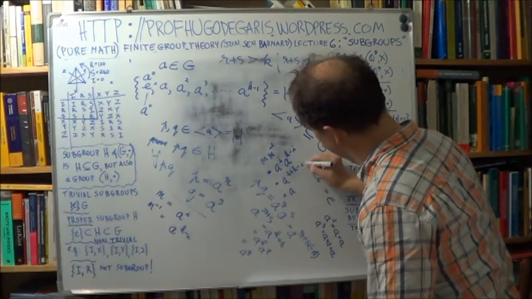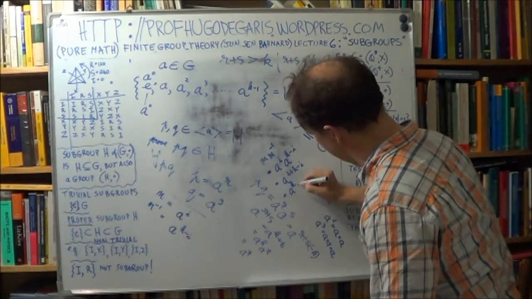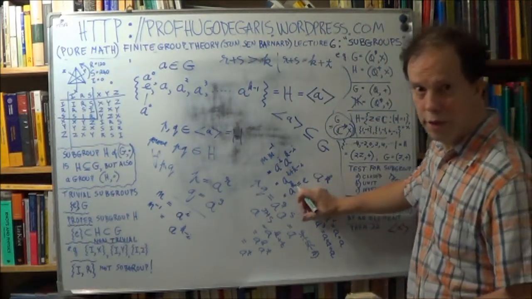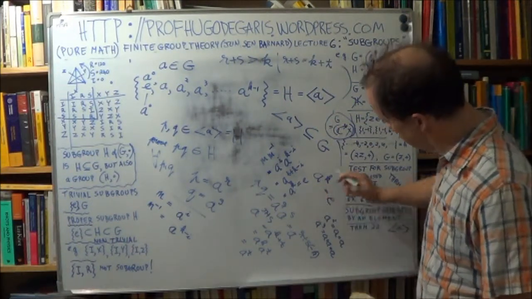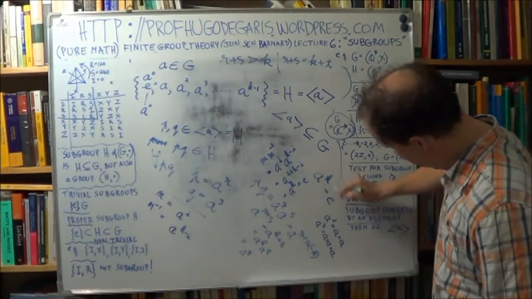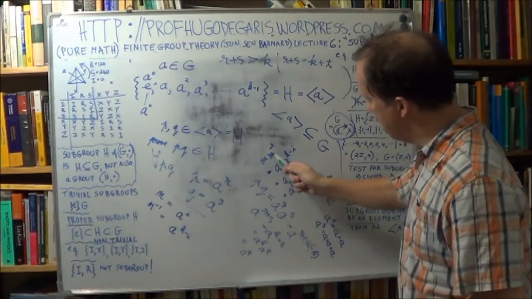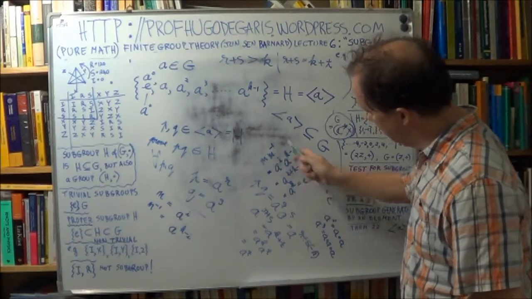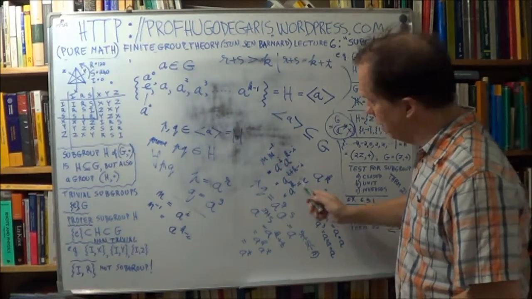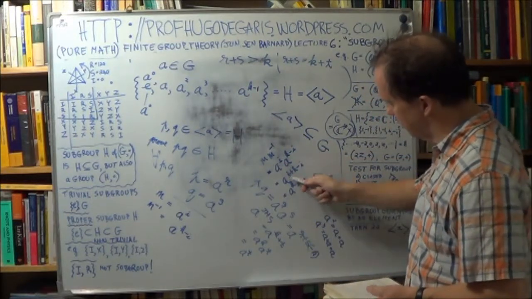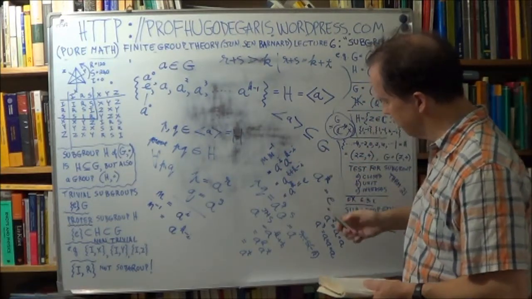And so the I's cancel, so you're just left with A to the K, but that's E, because K is the order of the element A. So M times M inverse gives you the unit. And if you do it the other way, it's just the same thing, because this is associative.